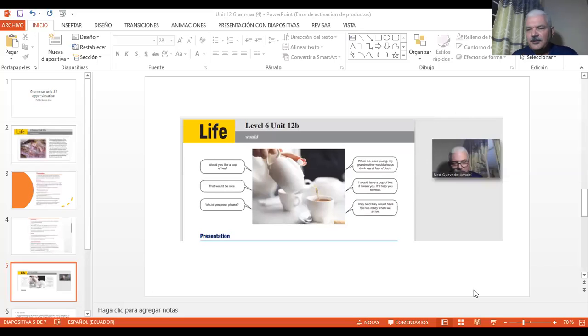We were just reading some examples of the use of this important structure, the use of would. So sometimes we always say phrases like this, and these phrases contain would. Why?